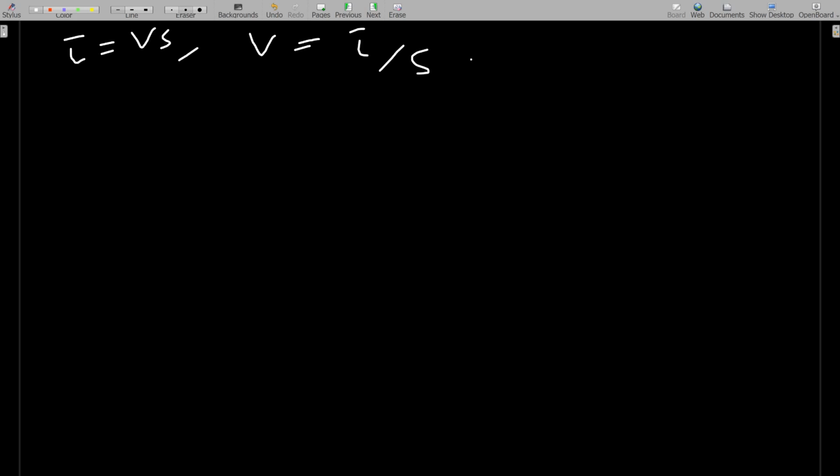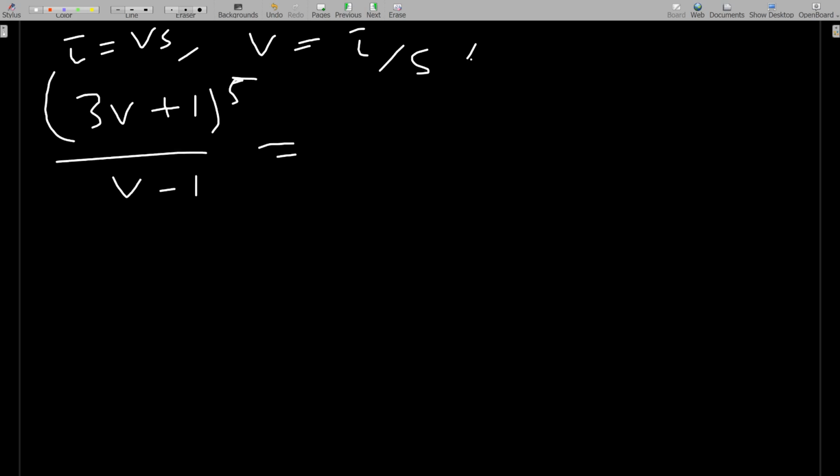And also from the expression we just had, 3v plus 1 over v minus 1, to the power 5, equals s to the power 4, then our constant a to the power 4, let's call it a constant k, because it's still a constant, or you can call it whatever you want, okay? So let me call it c1 rather.